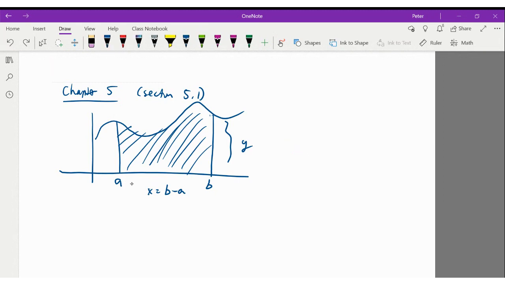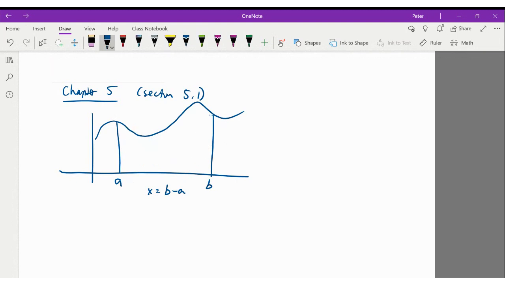So there are a couple of different ways that we can approach this, but the first one is we do what's called an approximation of the area. So what I would do is, let's say I divide this interval AB into a total of 4 subintervals.